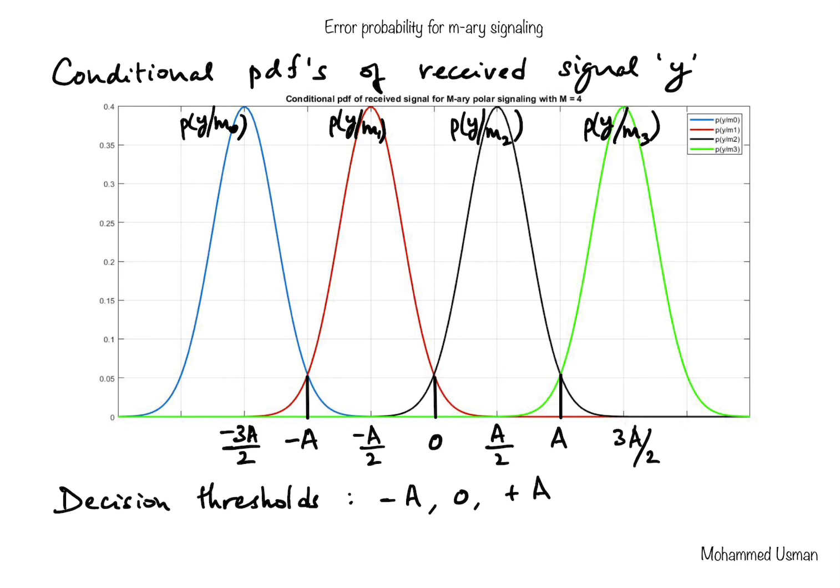Once we have our decision thresholds, we can now proceed with our decision rule. What would be the decision rule? If the received signal Y is less than minus A volt, we will decide in favor of M0, because to the left of minus A, the probability for M0 is largest.